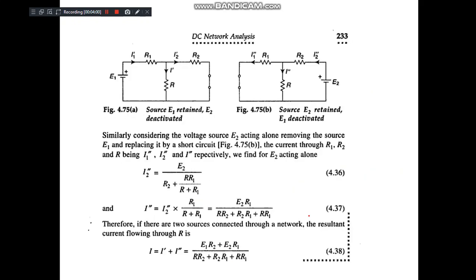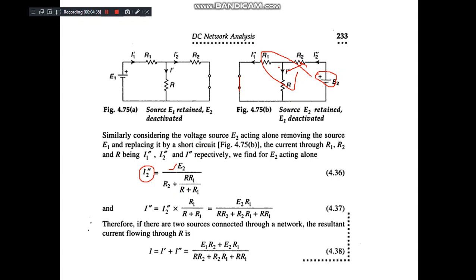Next step, deactivating the first source and activating the second source. Same procedure, but the current is in the reverse direction. So here I am considering this one as I2 double dash. I2 double dash is equal to the total voltage E2, and these two in parallel with this combination in series, R1 R by R plus R1, plus R2.